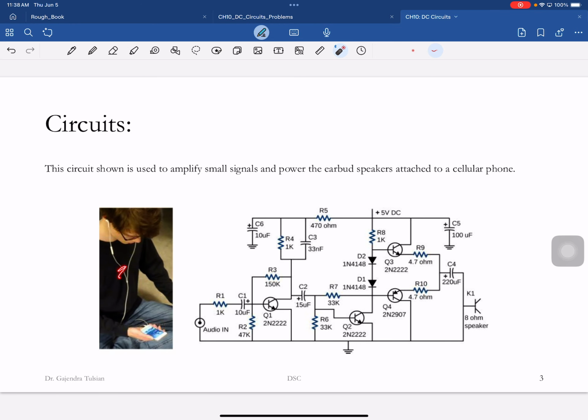So here's a device that many of you might have used. And what does this do? This circuit is in there. It's an amplifier. What is an amplifier? The electrical signal coming in is like that.